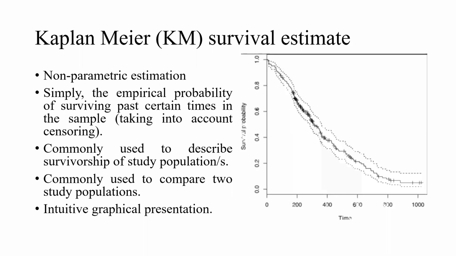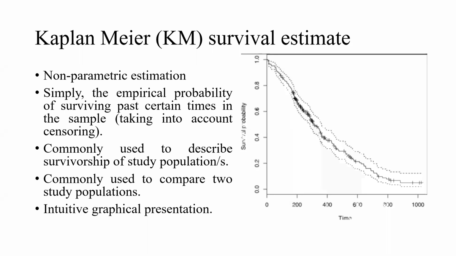And it is a very intuitive graphical representation. On the right side of my presentation, I have represented a Kaplan-Meier survival curve with its corresponding confidence limits at each individual point. So this is how it looks when we plot a survival estimate using the Kaplan-Meier method.